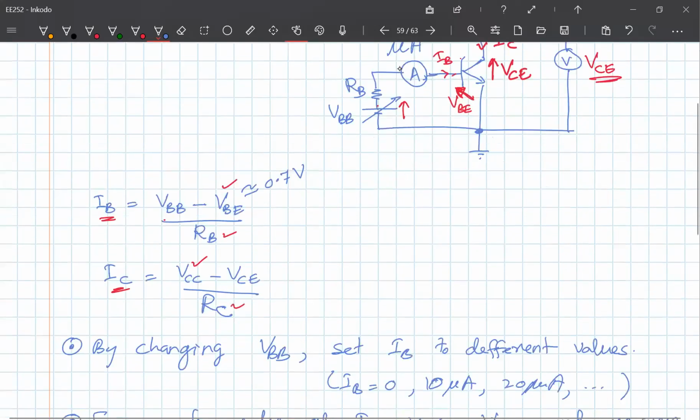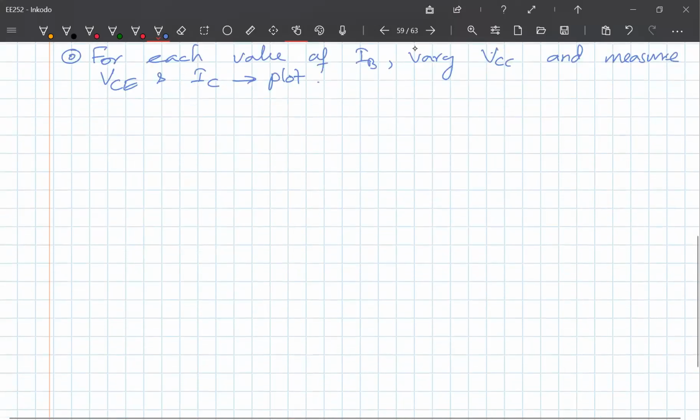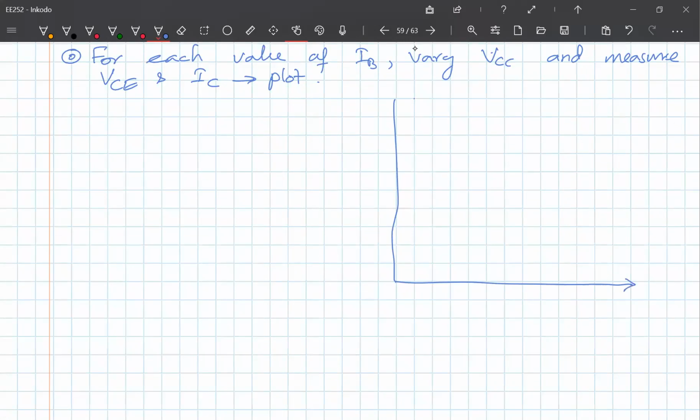If you do that, you will get a figure like this. VCE, you measure it. IC, you measure it, right? Now, under what conditions will you get a graph?